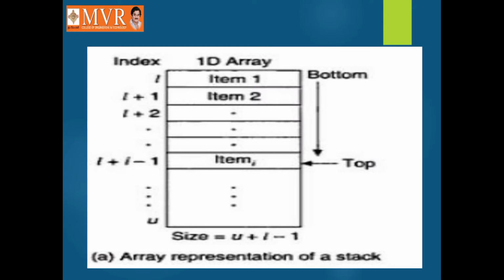That is, if we assume a stack of size 10, then L will be 1 and U will be 10. L and U show you the size of the stack, and item 1, item 2, and so on are the data or elements inserted into the array or stack.